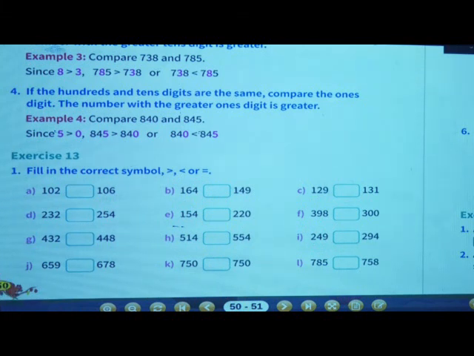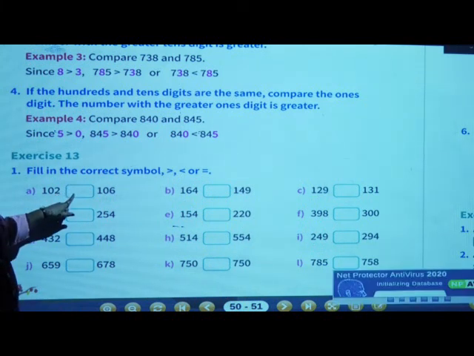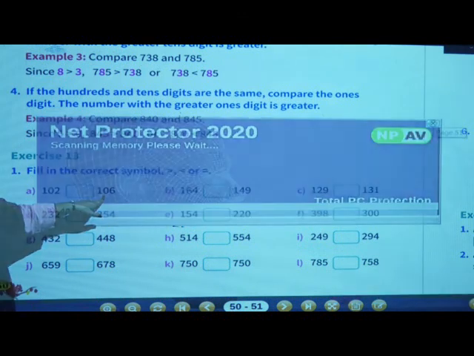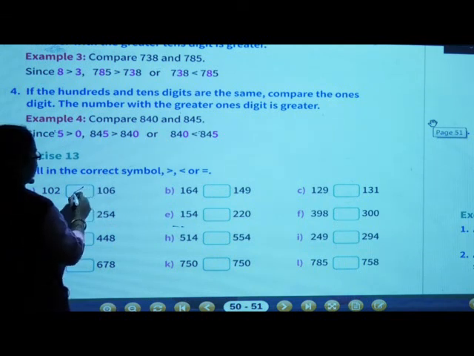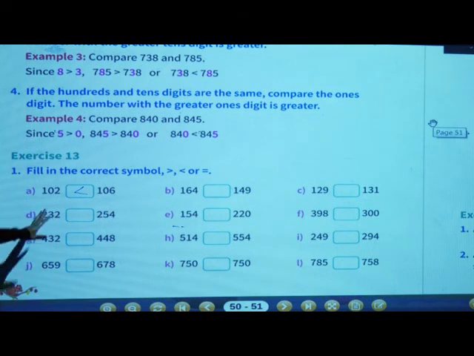Okay, now tell me, is 102 greater than 106? Yes, 102 is smaller than 106. So your sign will be this way. 102 is smaller than 106.